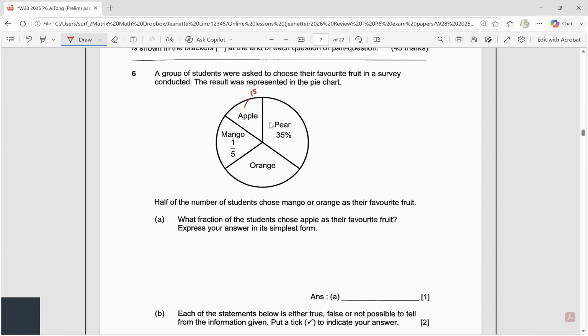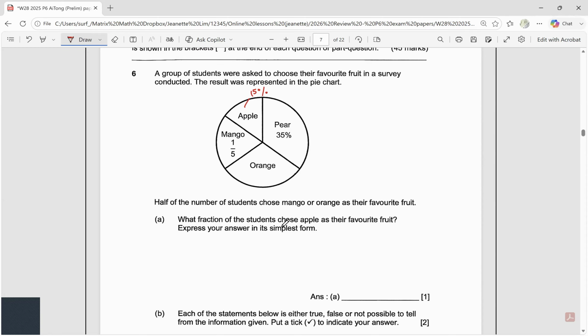So this is 15%. Okay, why do I choose to use percentage instead of fraction? If I were to change to fraction, right, I'll be working with different denominators. It's very hard to compare. But if I use percentage, then everything will be out of 100.